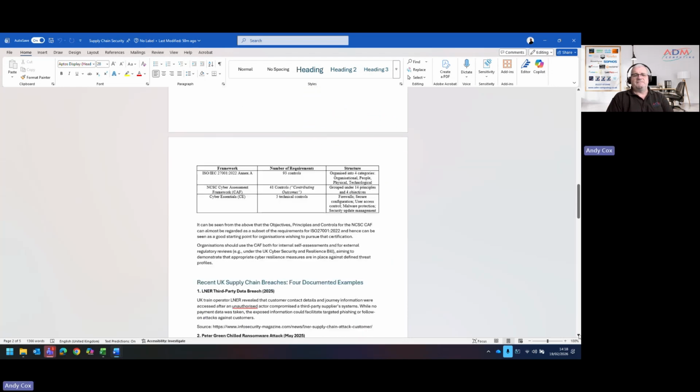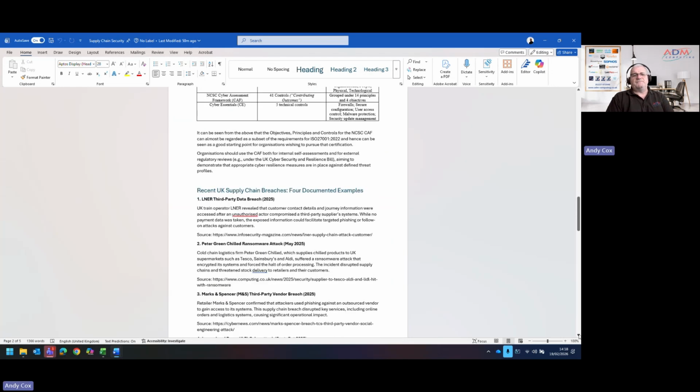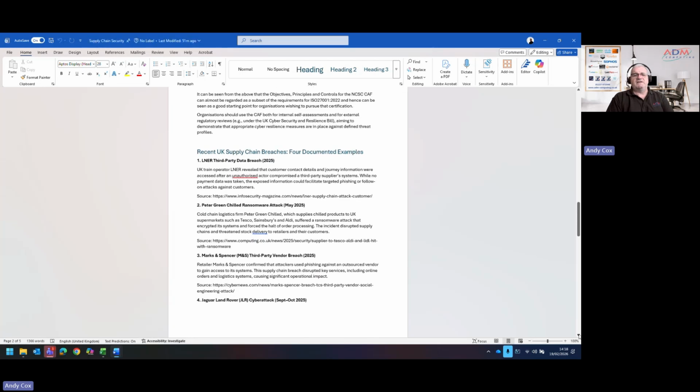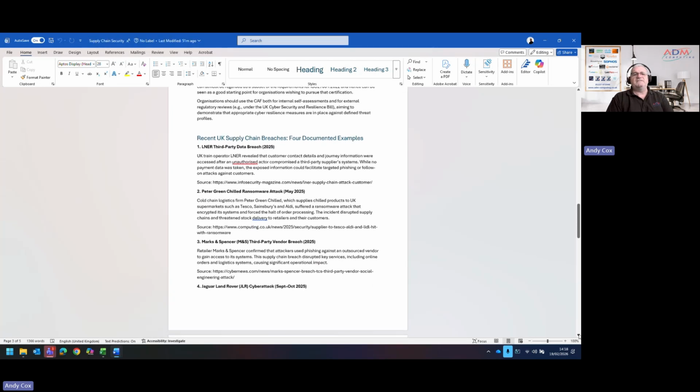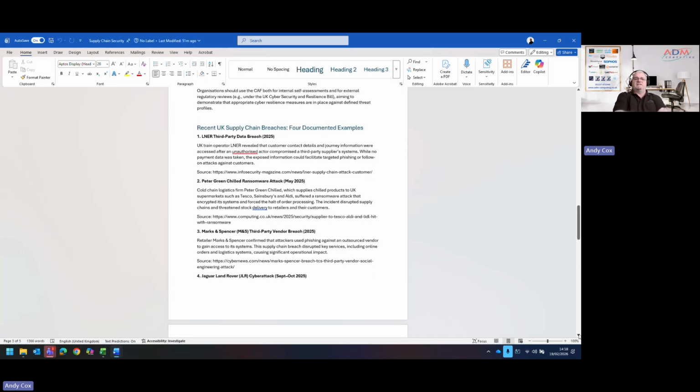So we've looked at that number of requirements. In this document, which we'll send out, there are recent UK supply chain breaches, four documented examples. Won't go into those in huge detail, but have a read through them, just see what happened. In all of these cases, the attacks were launched at part of the company's supply chain as opposed to the company themselves.